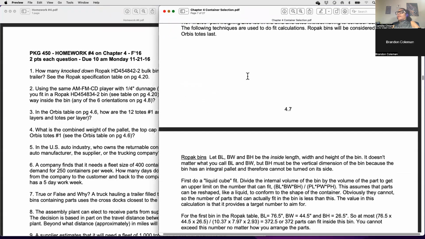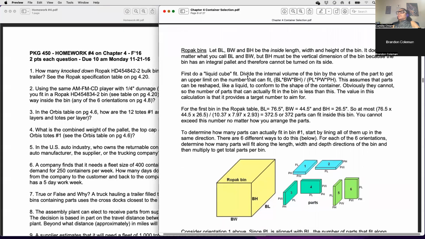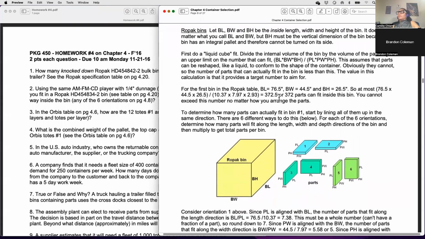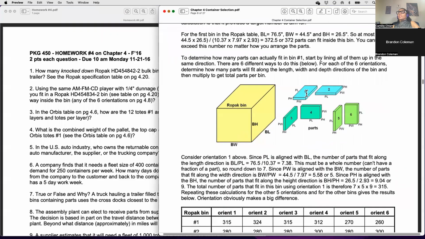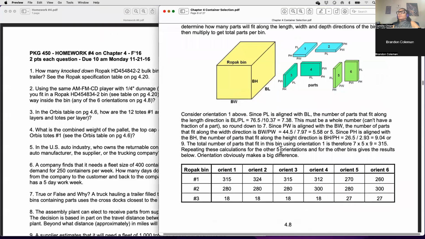So you take that, and that's saying that you can get that many, but we already know that that's the best case scenario. And you can see once you start calculating, you have part of a radio that won't fit in. So that's when you start losing some of that.